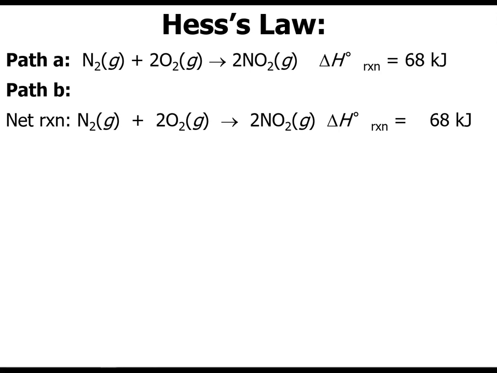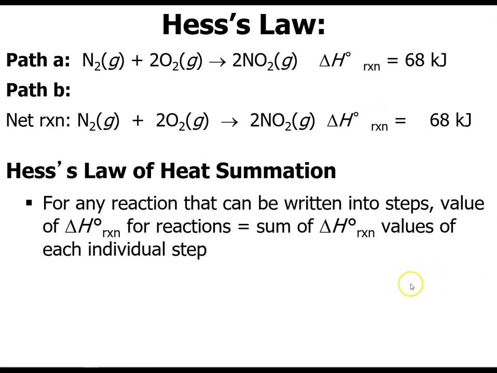So this is the idea of Hess's law, where for any reaction that can be written into different steps, like we did in pathway B here, the sum of the delta H values of the individual steps equals the value of the total. This allows us to determine different types of heats of reaction for different reactions that we can't necessarily measure directly. We can do that separately through adding these groups together.